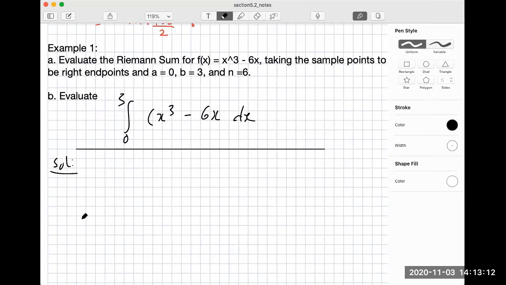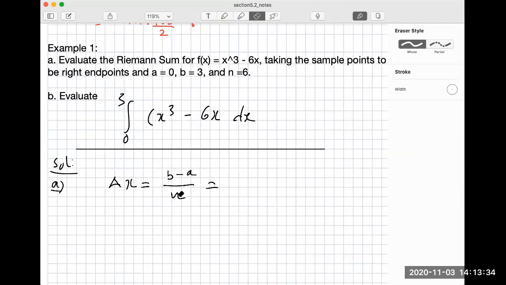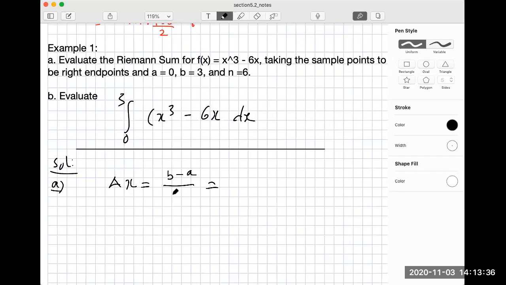Okay, we're given the function and the interval. Now, in question A, we see that n is equal to 6. Therefore, what is delta x here? One half. Perfect. Thank you, Daniel.